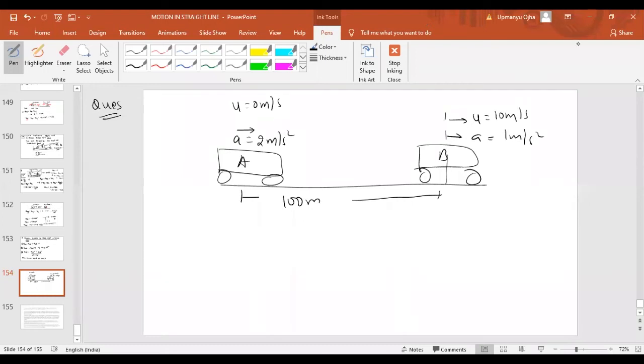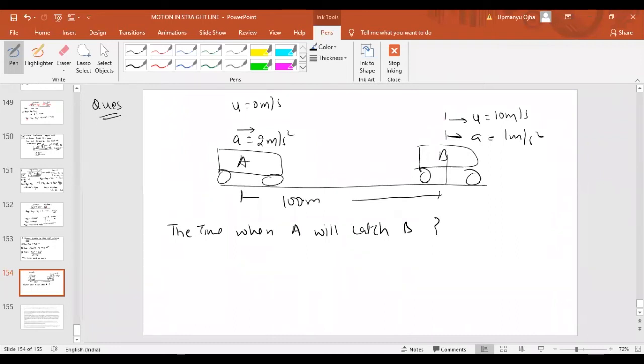What we need to find is the time when A will catch B. Catch B means it will reach B. Find the time when A will reach B. How can we use this?